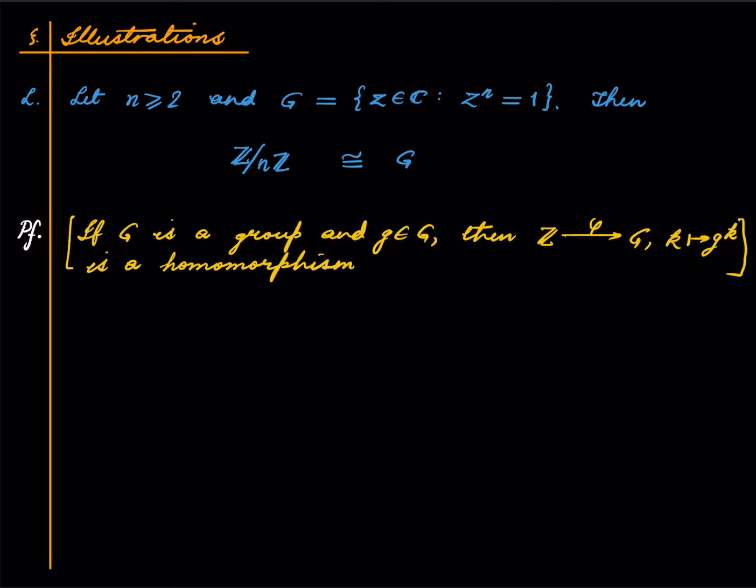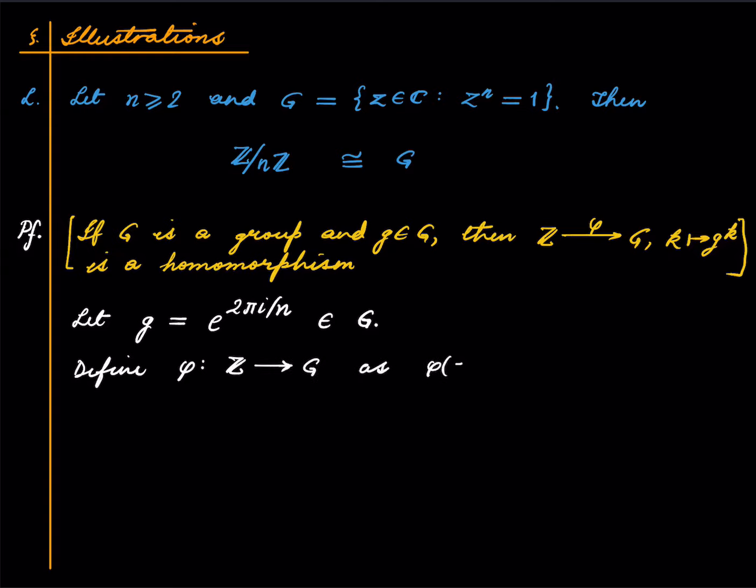All right. So let g equal e to the power 2 pi i by n. So this is an element of capital G. This is of course an nth root of unity. And define phi from Z to G as phi(k) equals g to the power k.